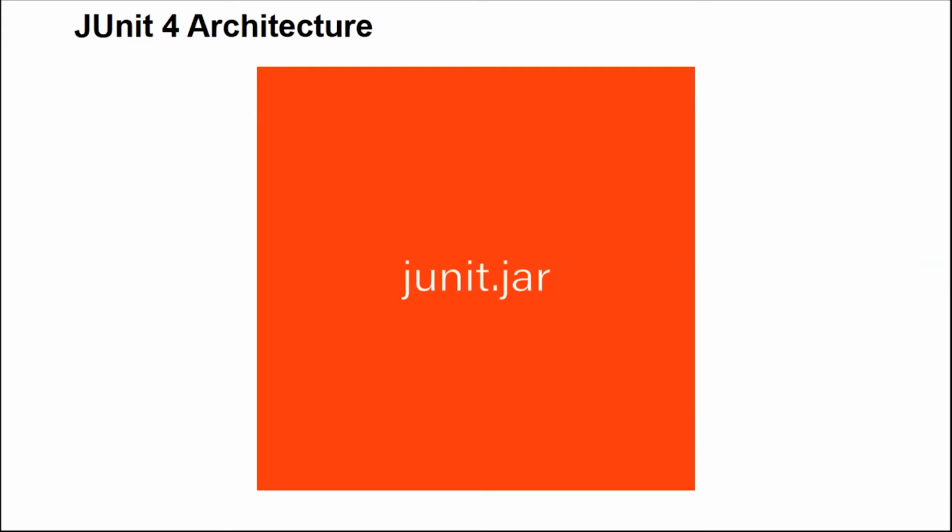Especially that this jar was not designed to be used by everybody. So if you are using it, you are using it through the API. But if the developers of IDEs or the developers of the build tools were using the JUnit jar, this JUnit jar was not designed to be used by those tools.